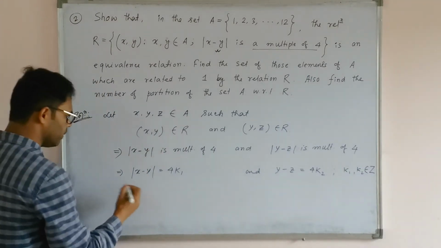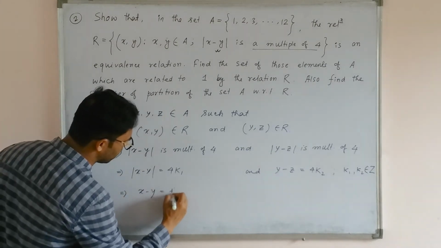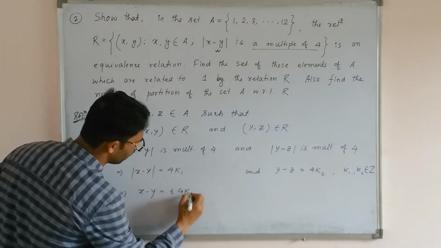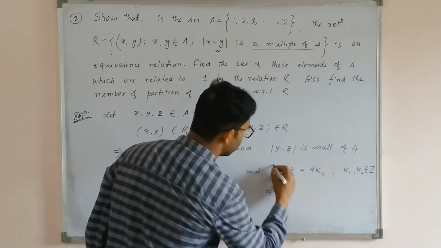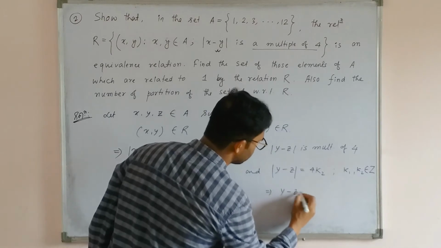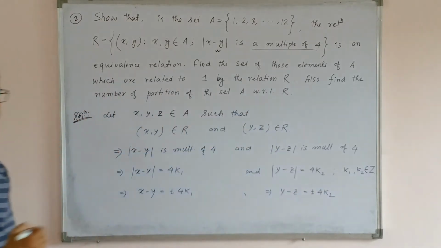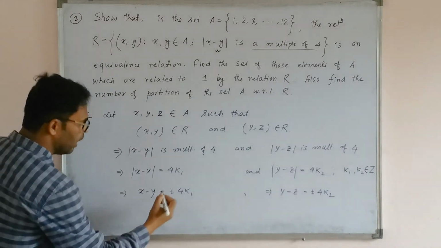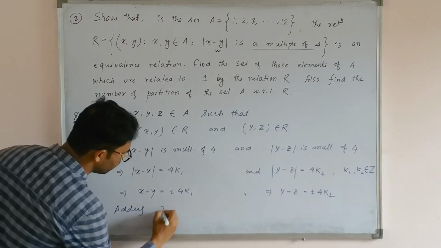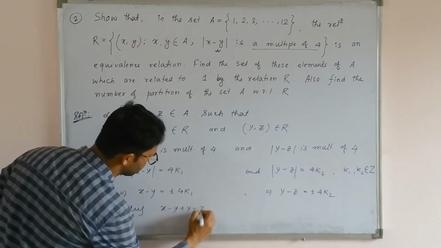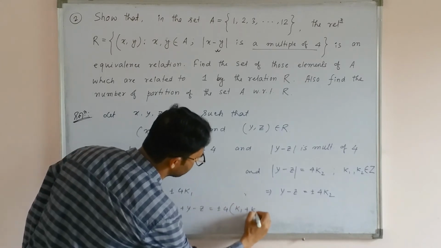So after that this implies x minus y is equal to plus minus 4k1, and from here y minus z is equal to plus minus 4k2, just removing the modulus sign, and now adding the two, x minus y plus y minus z is equal to plus minus 4 common, then k1 plus k2 will be there.